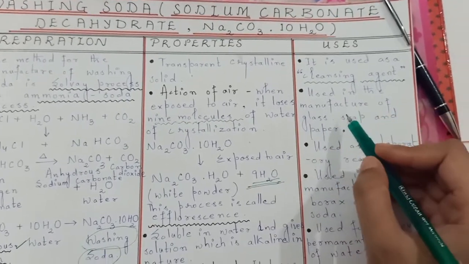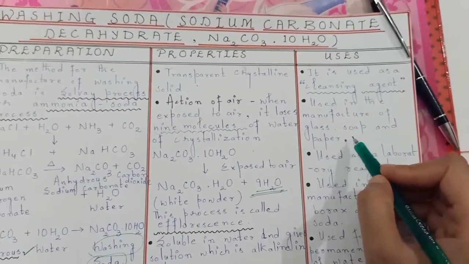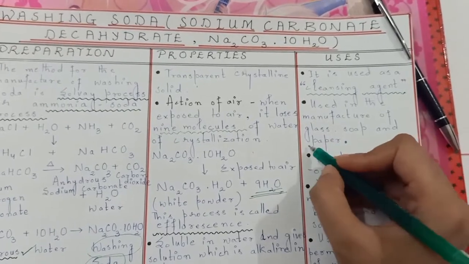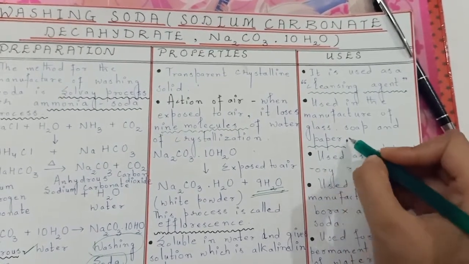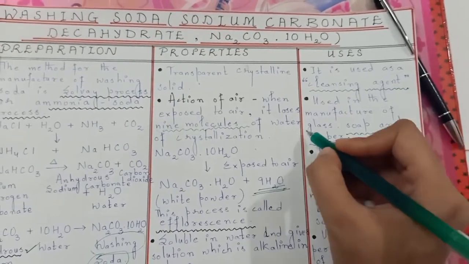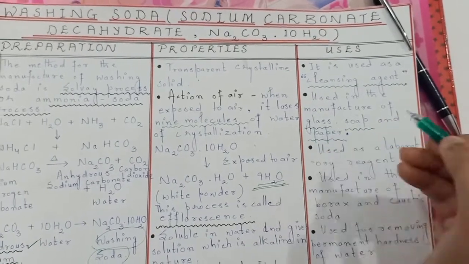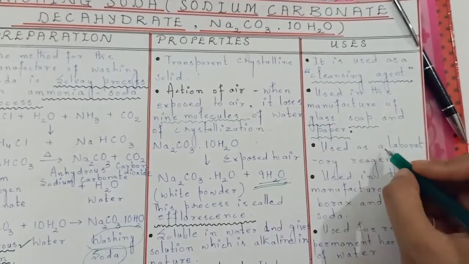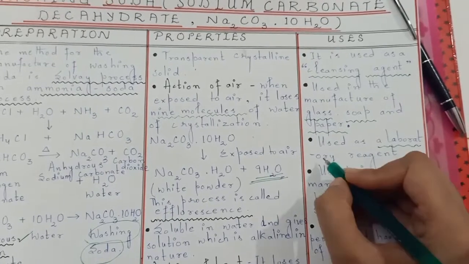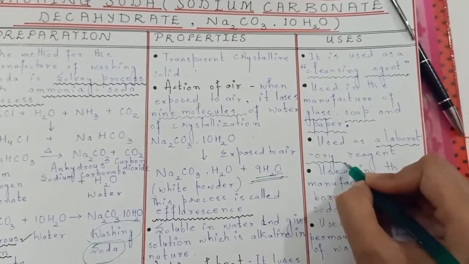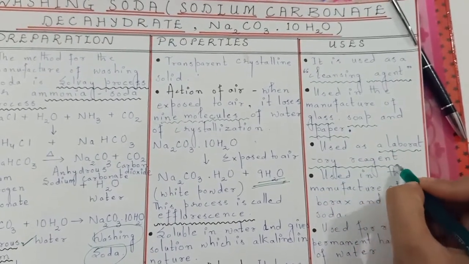Next, it is used in the manufacture of glass, soap and paper. So it is used in paper industry, it is used in the manufacture of soap, it is used even in glass industry. Next, it is used as a laboratory reagent for performing different experiments in the laboratory.